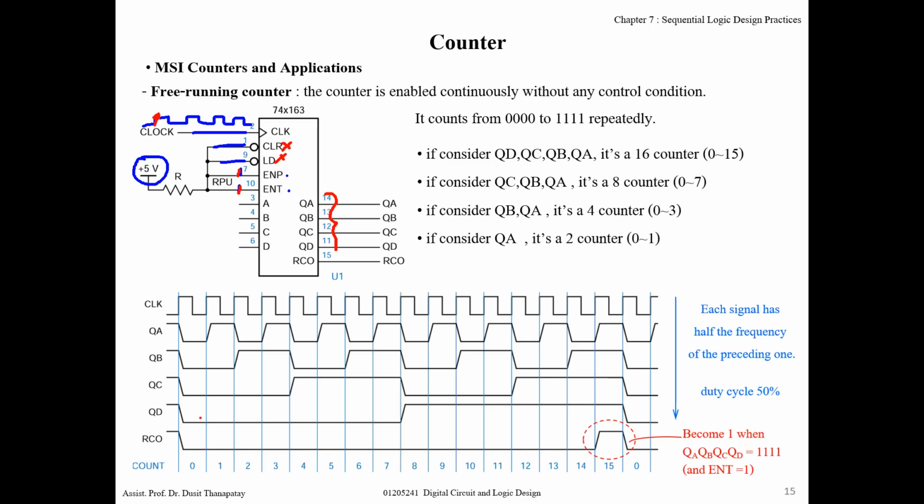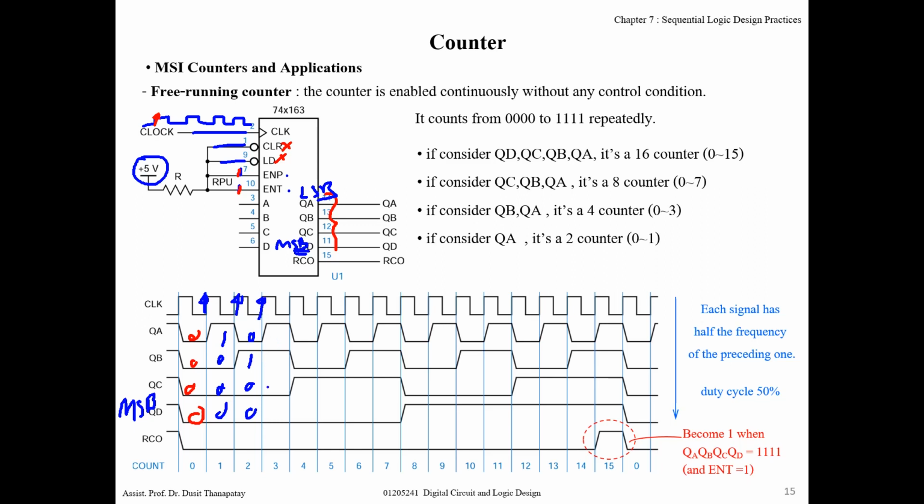For example, if we start from 0, 0, 0, 0, one thing you should be careful about: MSB is at QD. QD is the MSB. QA is the LSB. Let's start from this. QD is 0, 0, 0, 0. When the clock ticks at the positive edge, it becomes 0, 0, 0, 1. When the clock ticks, it changes state to 0, 0, 1, 0.